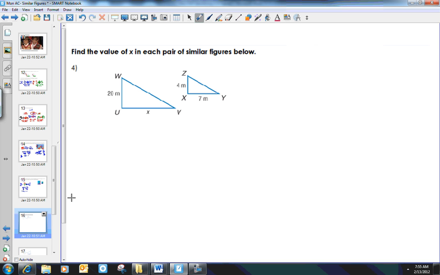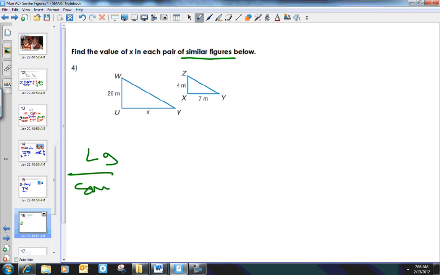Looking at another one, this one is given to us. The figures are similar. That information is already given to us, so find the value of x in each pair of similar figures below. Similar figures mean they must be proportional. Okay, if they are similar, then their sides are proportional. So we're going to do large over small again. All right.